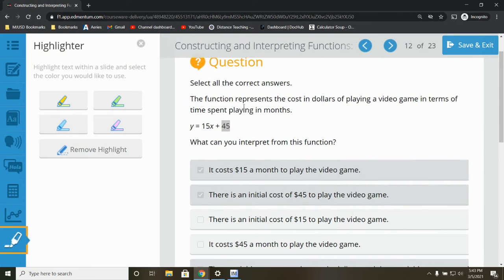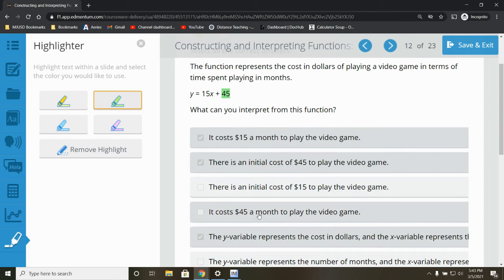So I'm going to use the highlighter tool and say that the initial cost is $45.